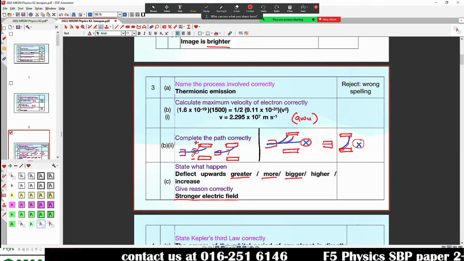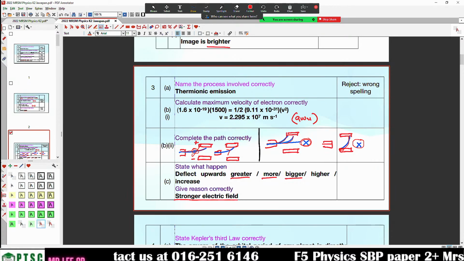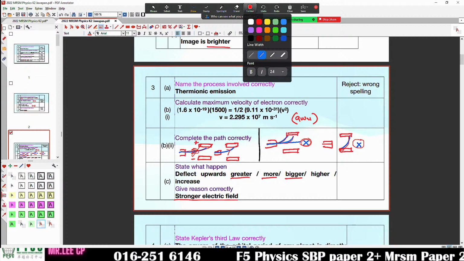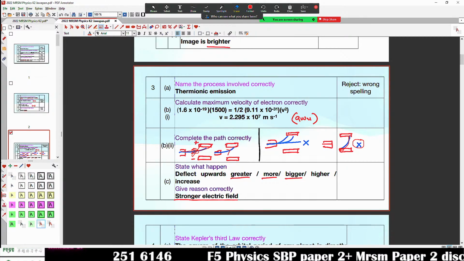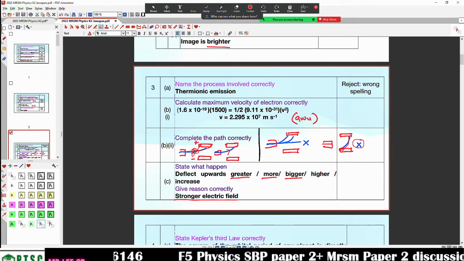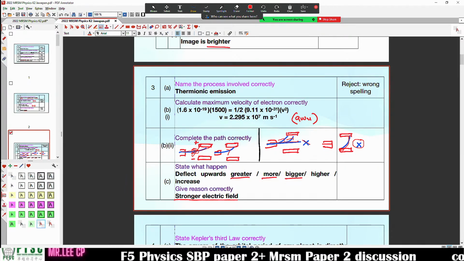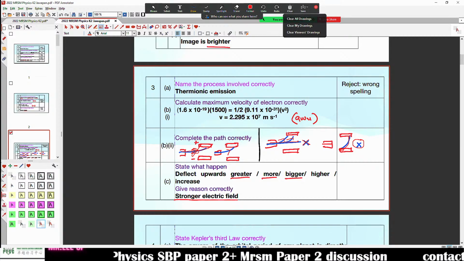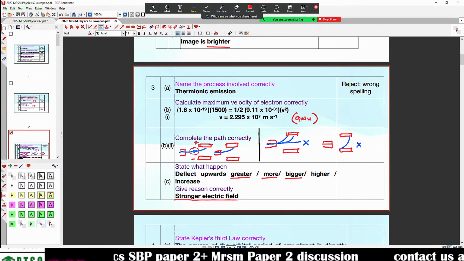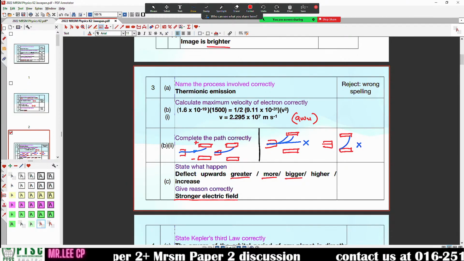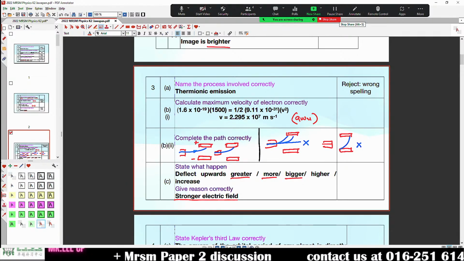So you can only draw straight and then with the deflection here. Wait, what salah already? This one no deflection, salah. Go straight also salah. The only one thing correct is with deflection. Be careful when you do it.